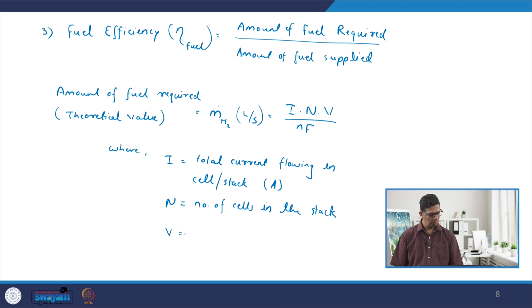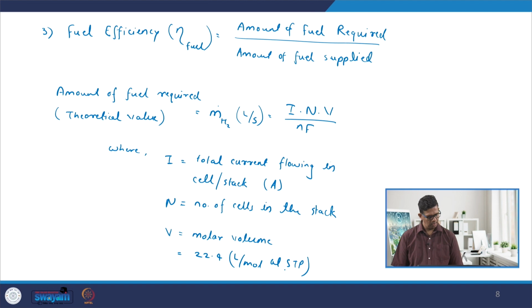V is your molar volume, which is 22.4 liters per mole. It is a constant number at STP.